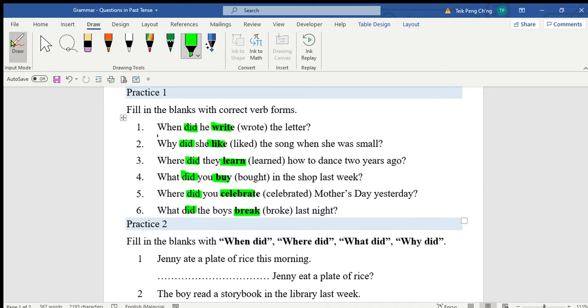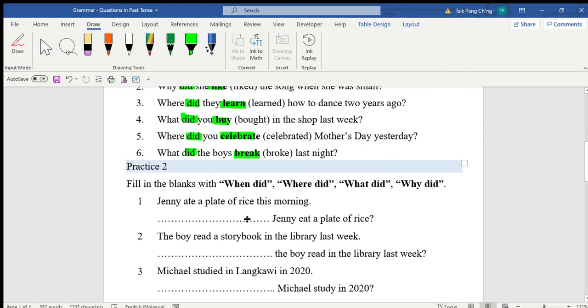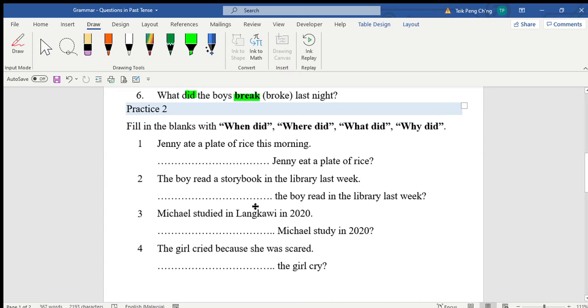Okay, now let's come to practice 2. You have to fill in the blanks with when did, where did, what did, and why did. Okay, Jenny ate a plate of rice this morning. So the question is, you have to look for the missing information. So you have to read this sentence first.